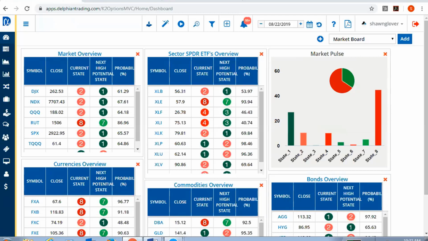I want to make sure that we know that the data goes back to 1/1/2007, correct? So when you're publishing Delphian studies, and it shows a 100% win rate, for example, that includes the period from 1/1/2007.